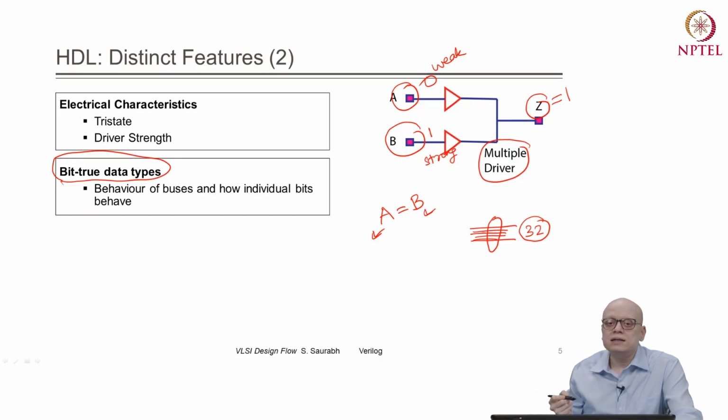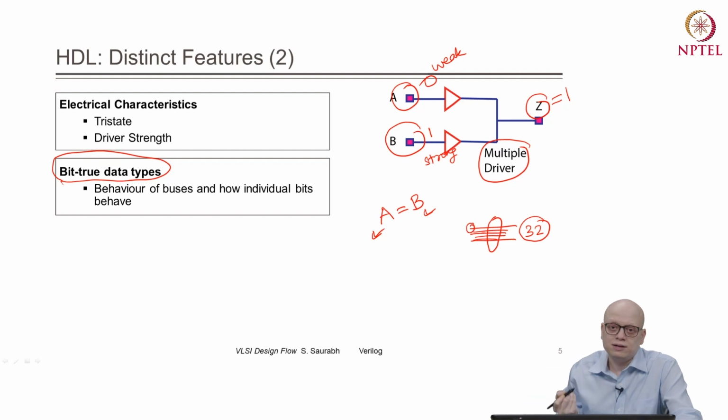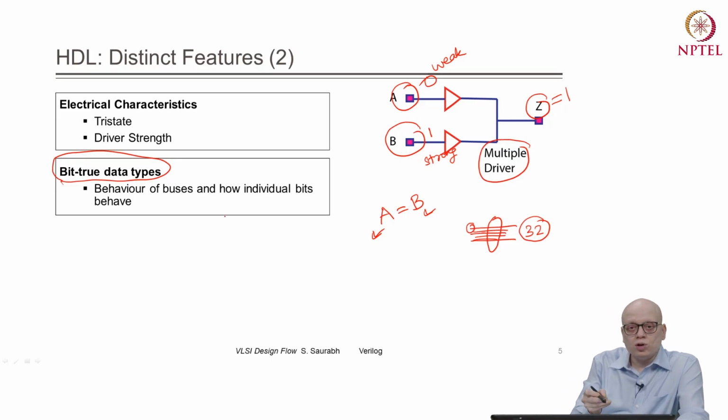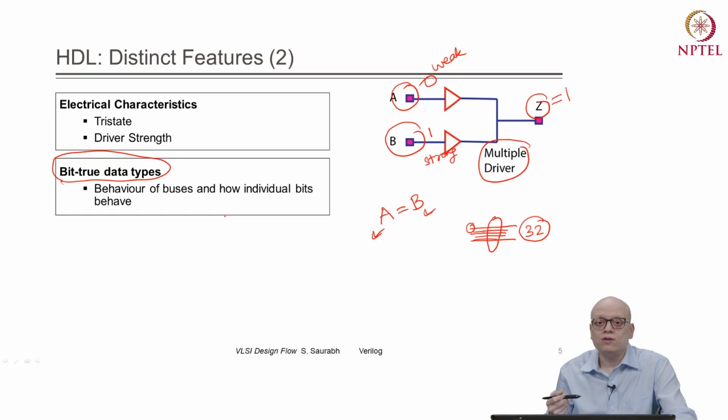Or in some cases, we want to do operations on each individual bit. For example, we want to mask some bits out of this bus, or we may want to take a group of them and do some operations. So, the behavior of buses should also be modeled, and the behavior of individual bits also needs to be modeled. In a sense, we need various levels of abstraction of the signal.